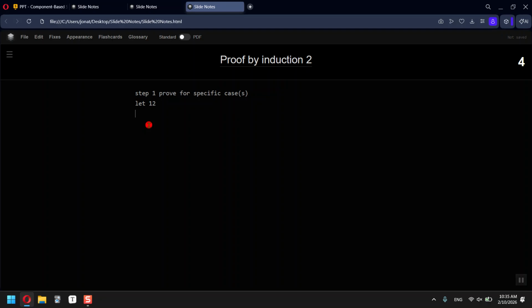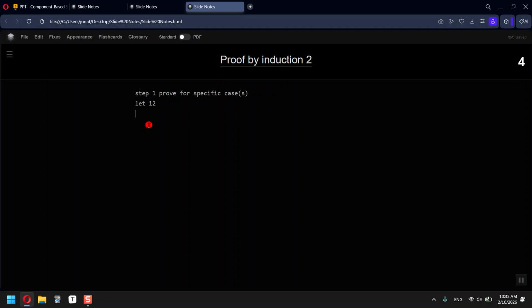And then 16 is 4 times 4. So these are our base cases that we're going to use to solve this.